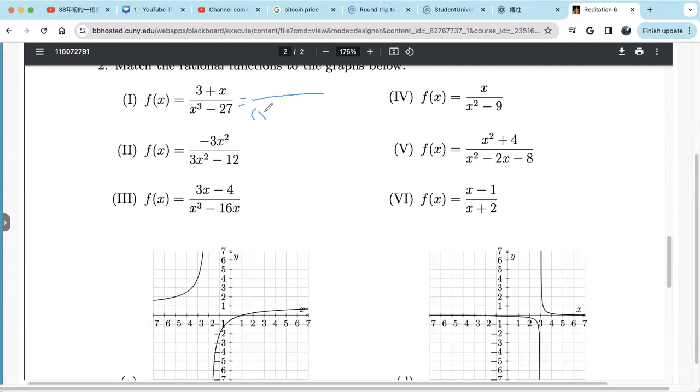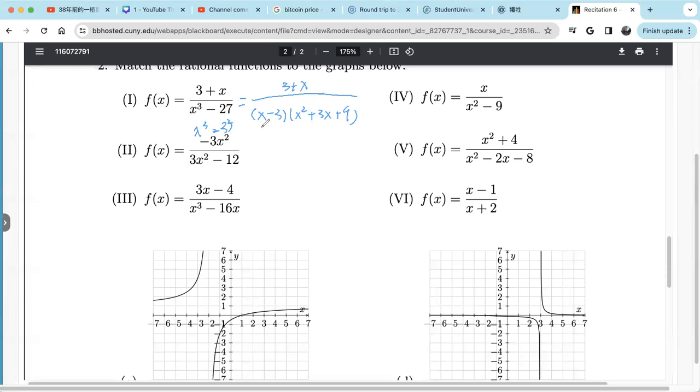That means the denominator has x minus 3 as a factor. Because 27 is a cube, x cubed minus 3 cubed can be factored as x minus 3 times x squared plus 3x plus 9. And the numerator will still have 3x.